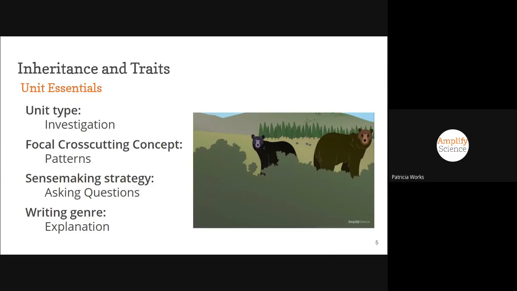This unit is an investigation unit. In their role of wildlife biologists, students develop skills with the science and engineering practice, planning and carrying out investigations, with a particular focus on asking investigative questions that advance the understanding of the phenomenon being studied. Students conduct investigations with data as well as physical materials in order to gather evidence about how organisms get their traits.